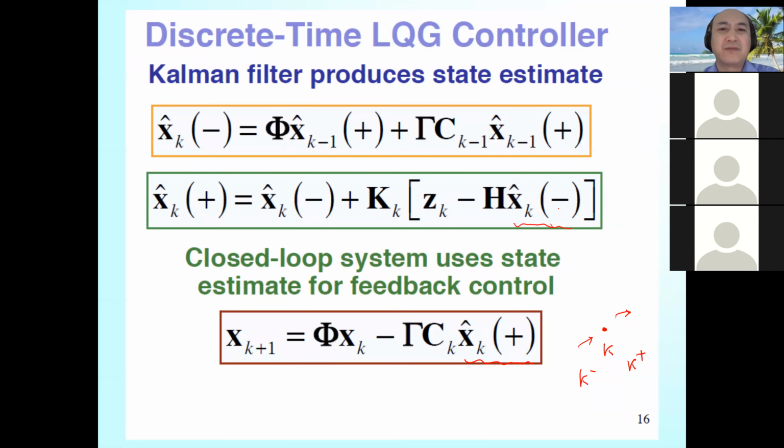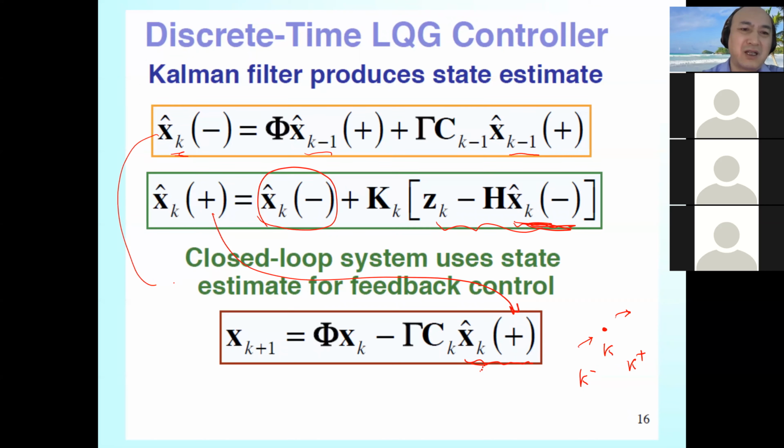They use xk minus 1 to generate xk. But this xk is not the real one, it's not corrected. I put this minus sign in here, do this prediction, correct this error, then we call it a plus, and I use that plus, put it here.